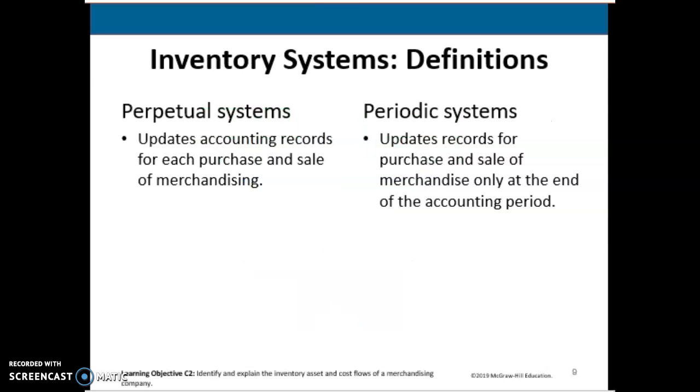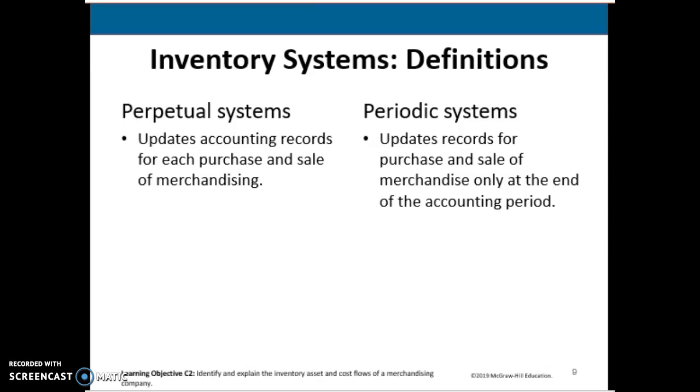All right, so when we look at the different inventory systems, we have something called a perpetual inventory system, which is what we're going to use, or a periodic system. Perpetual inventory systems are where we are updating the records every time we make a purchase and every time we sell a product. Where periodic, they're updating it periodically. So typically at the end of the month or the end of the accounting period, they're going to update their inventory.